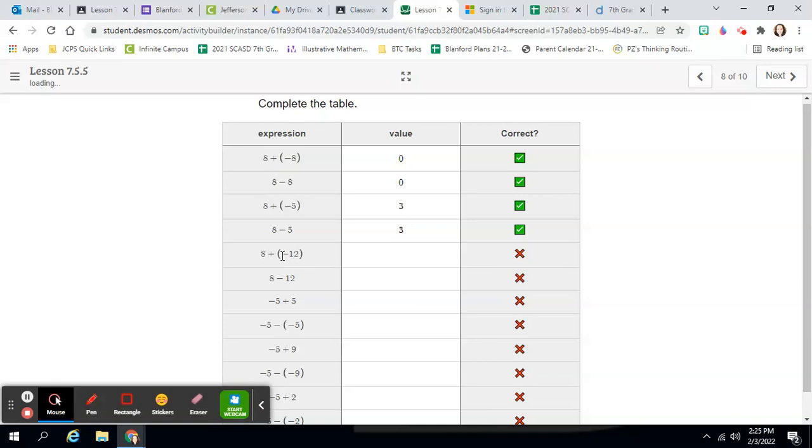Again, I know that if I have 12 negatives and 8 positives, these 8 positives will cancel 8 of the negatives, which leaves me with -4. Here, 8 minus 12. Well, I know subtracting is the same as adding the opposite. So 8 plus the opposite of 12 is -12. So 8 plus -12. That's what we just did there, -4.